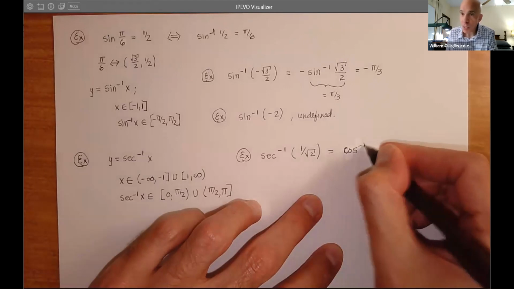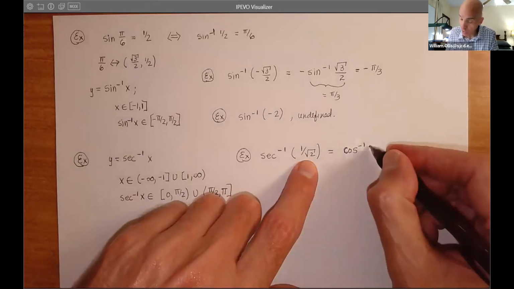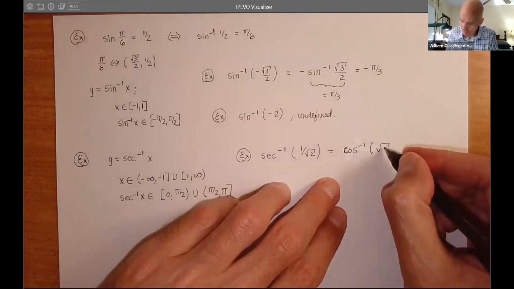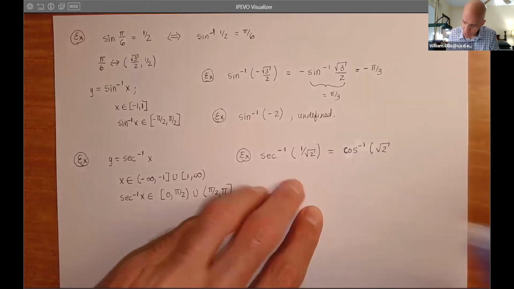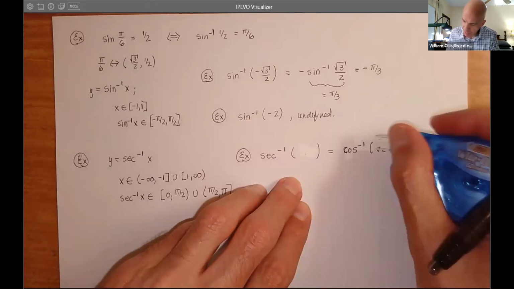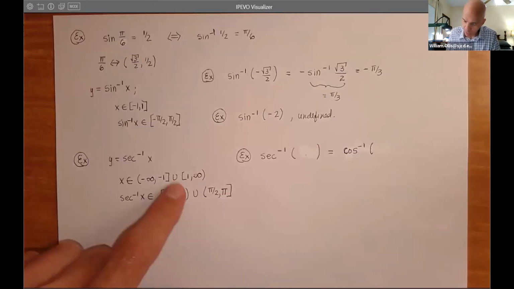So we do the reciprocal rule, so we reciprocate the input. So this is inverse cosine of √2. Oh, and I need to flip these around, don't I? Because, let me just say something. That was not defined, was it? Because 1 over √2 is not in here. So there we go.